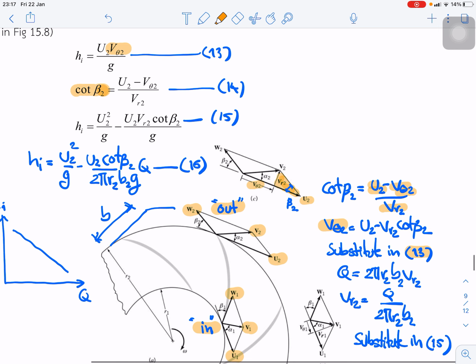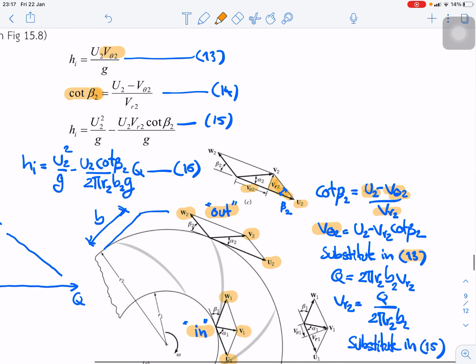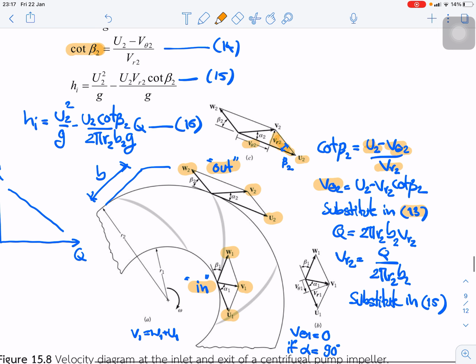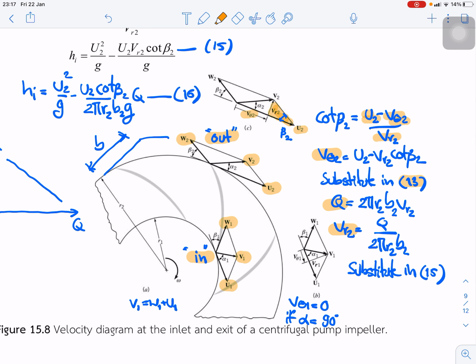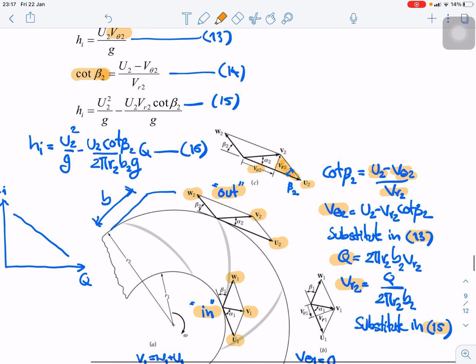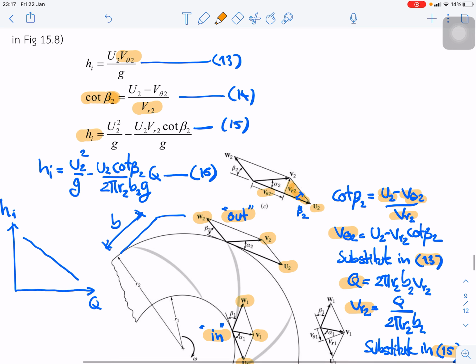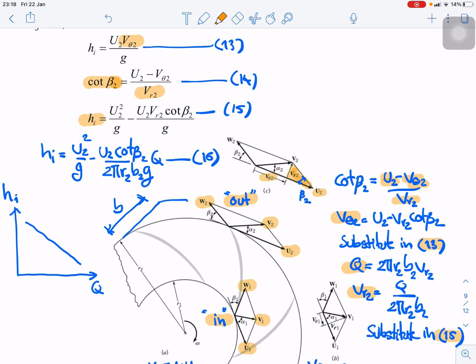Next, we can write Q equal to pi r b V r2, find the equation for V r2, and substitute it in equation 15. So we get this equation for head rise, equation 15, and finally equation 16, the head rise for the pump.